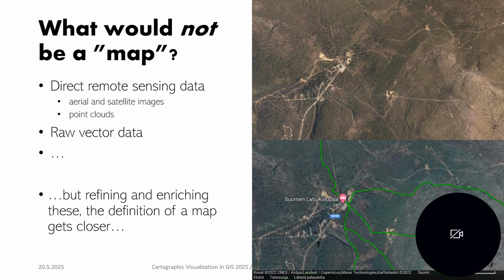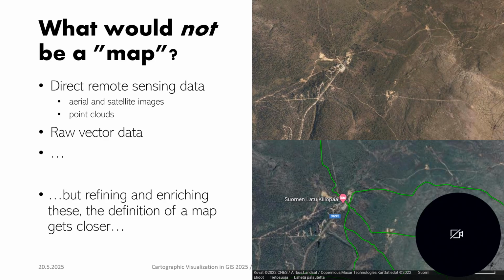But when refining and enriching these presentations, like here in the case of the image that I think comes from Google Maps directly, we begin to see that the representation automatically begins to become a map because there is abstracted information and there is some text to label things and information more than the image or the raw collected data themselves. But actually, that's not very important.